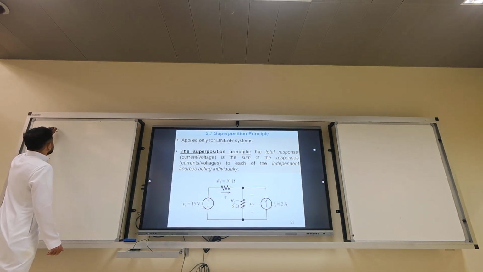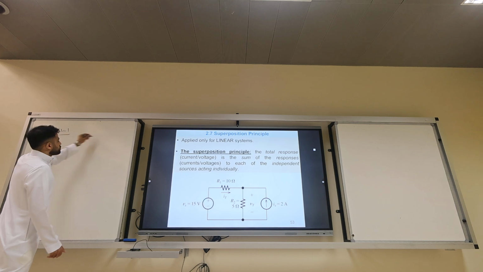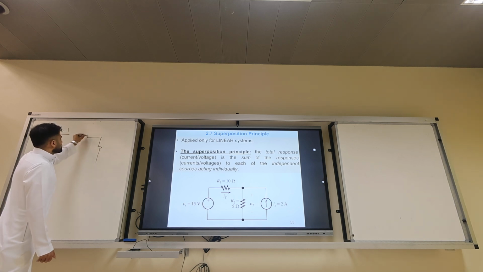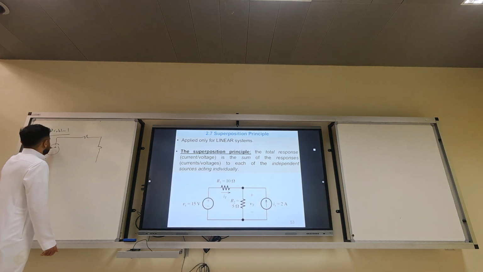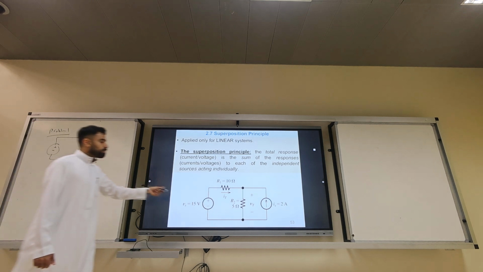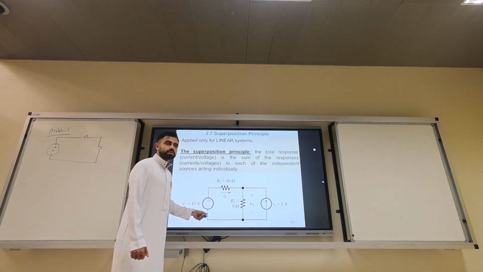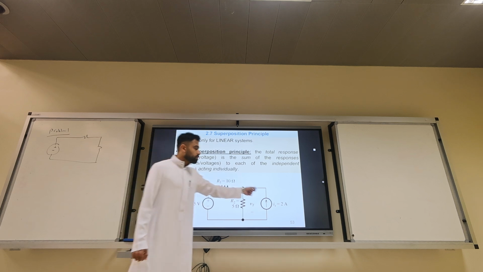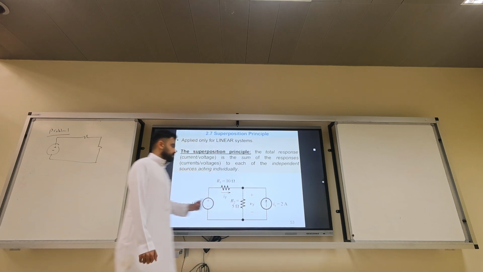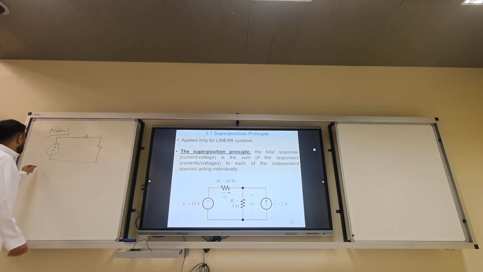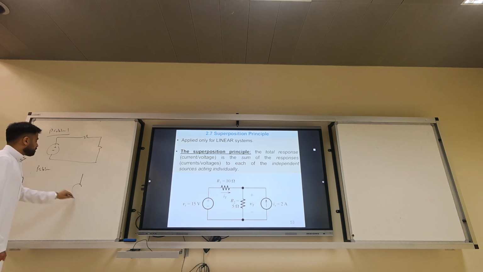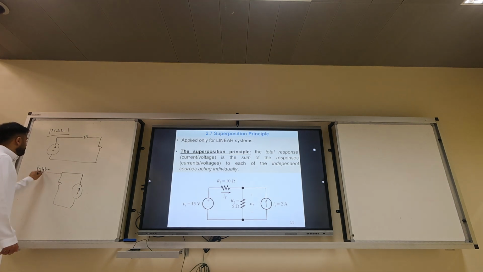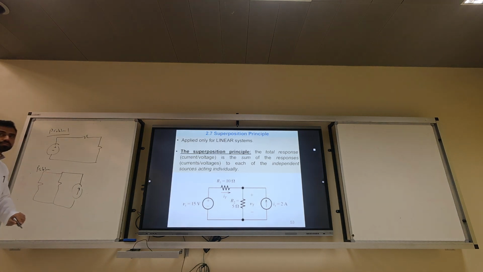So problem 1 should be the resistor and the voltage source. Problem 2, you kill the voltage source and you keep the current source. How does problem 2 look? Current source and then a resistor in parallel with another resistor.